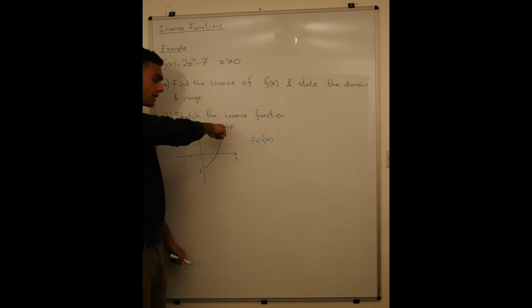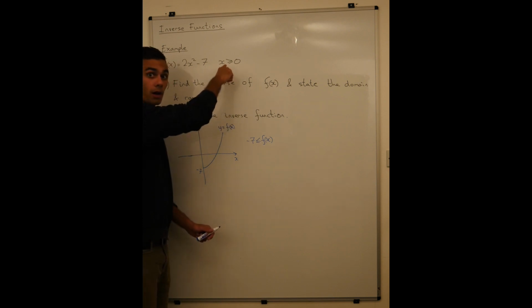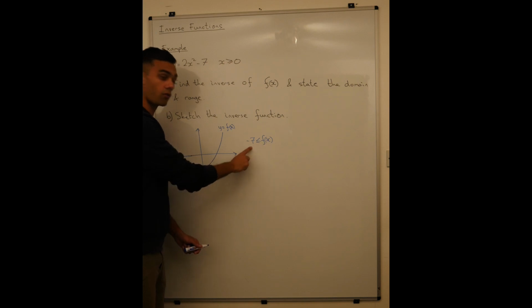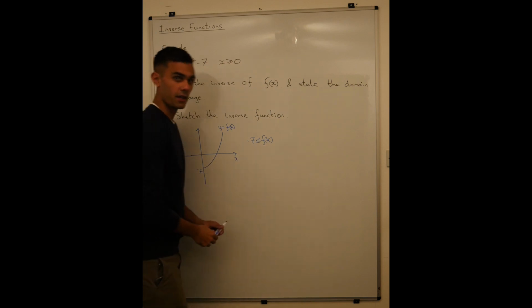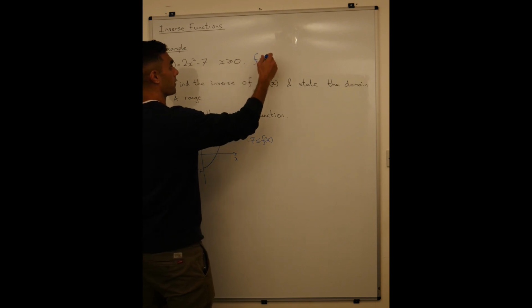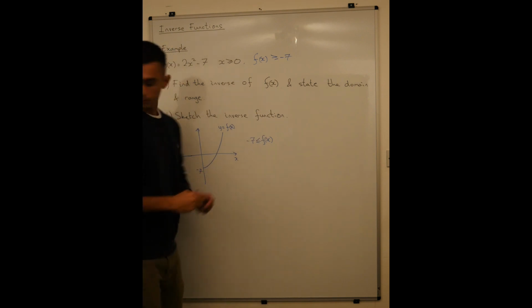But you can probably imagine this parabola keeps going up and up. So in fact, this keeps going up to infinity. So that is our range there. I'm just going to write it the other way around. In fact, I'm going to write it up here.